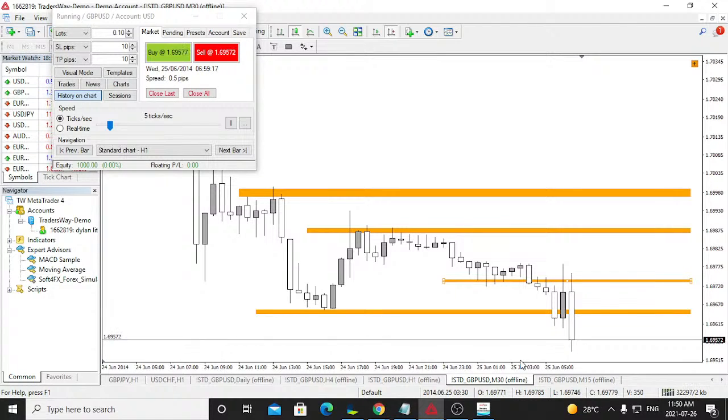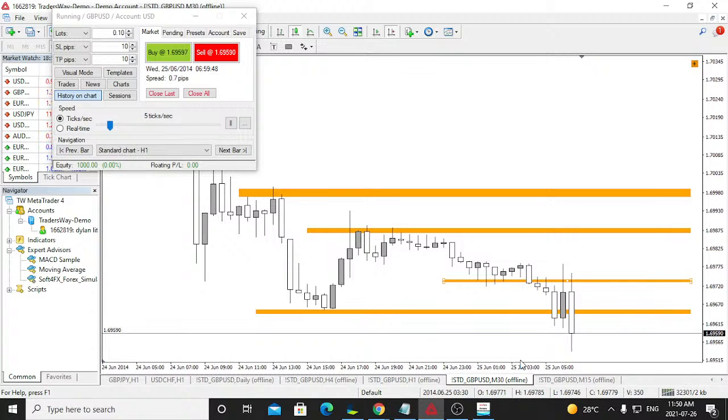Then closing the other 50% at another 2-3 pips. So in this case, you're really managing risk.